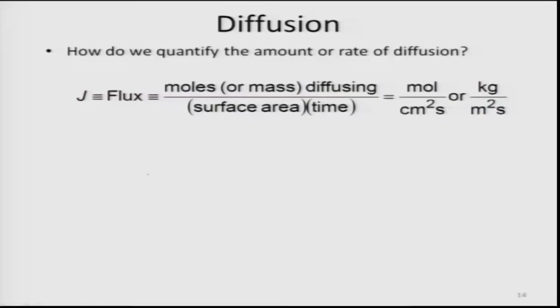Whenever you talk about movement of atoms, we need to talk in terms of flux. Flux means the number of moles diffusing per unit time per unit surface area, and because flux is a vector, it must have direction. So we assume a unit area, and diffusion happens in the direction perpendicular to this surface area.